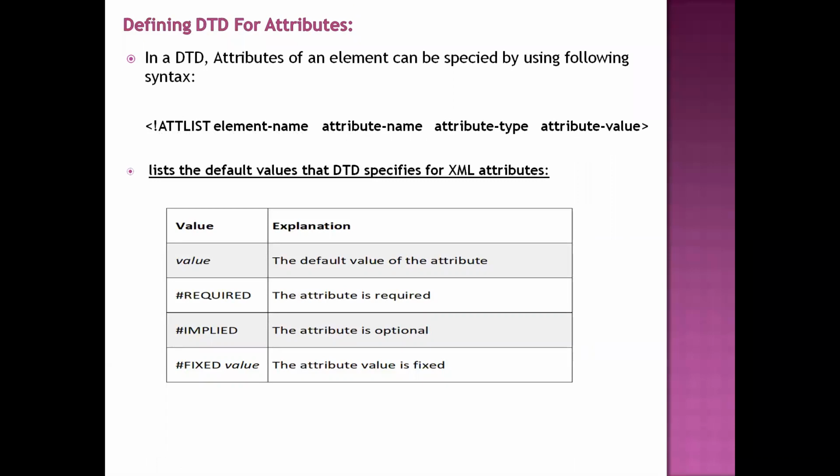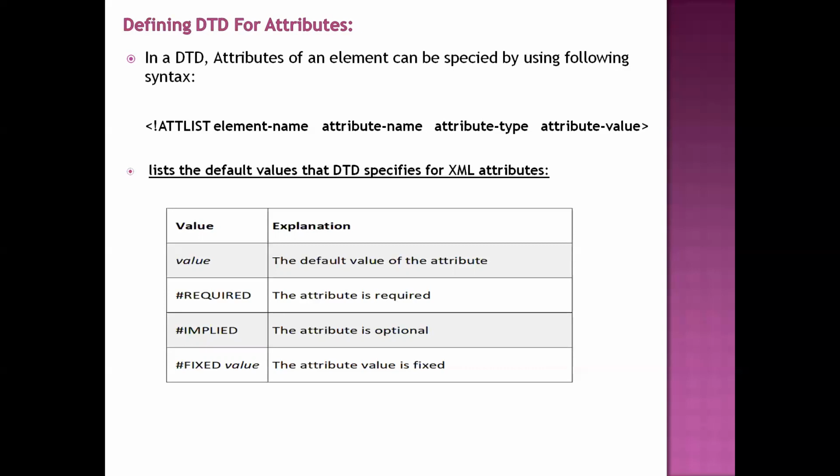In DTD, there is no specific data type for specifying the content type. Unlike programming languages such as C, C++, and Java, there are no clear data types for specifying content types like integer, floating point, character, and string.